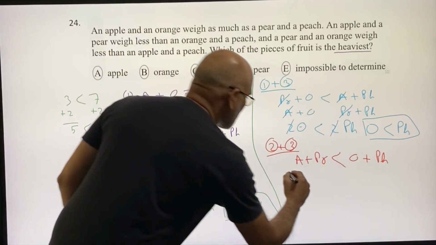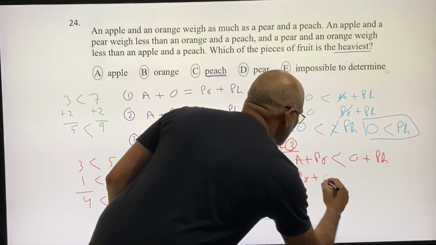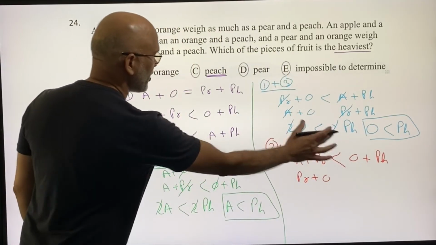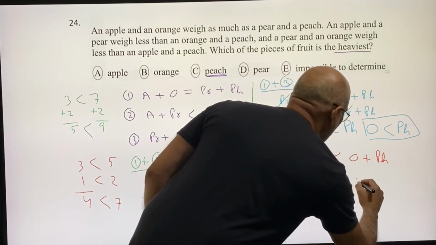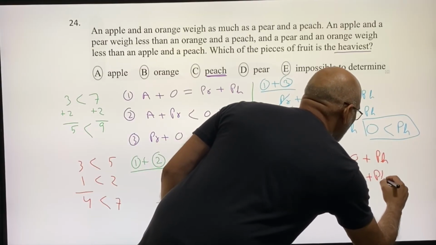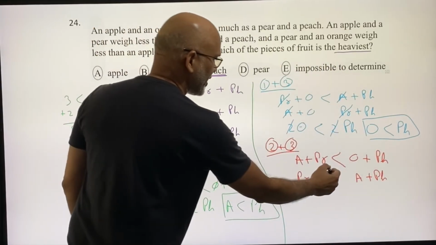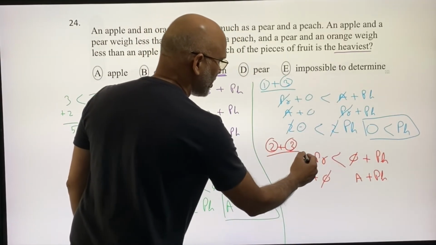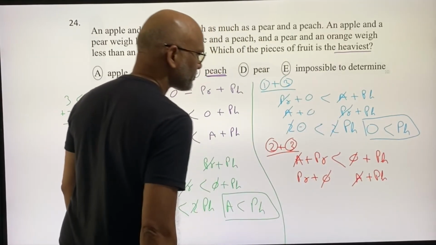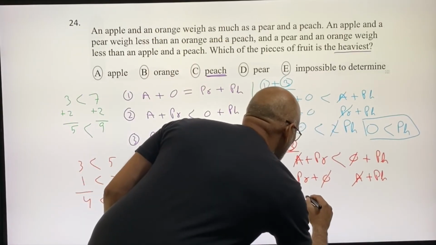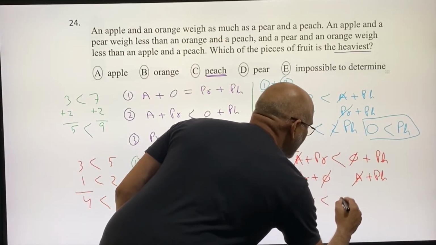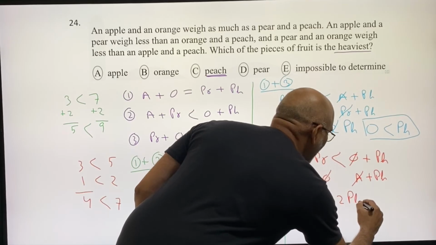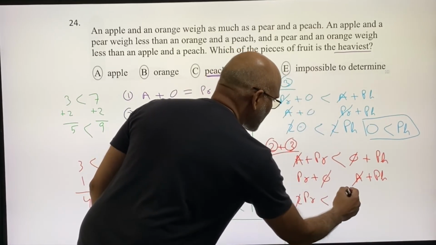So what I'm going to do here is add the lesser side to the lesser side, PR plus O, and then heavier side to the heavier side. So A plus pH. Okay. As you can see, I can take out orange from both sides. I can take out apple from both sides. So this tells me 2 PR is less than 2 pH, and then divide both sides by 2.